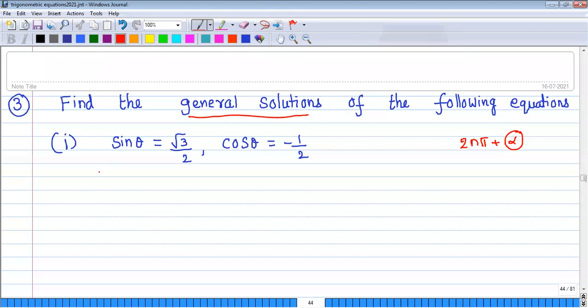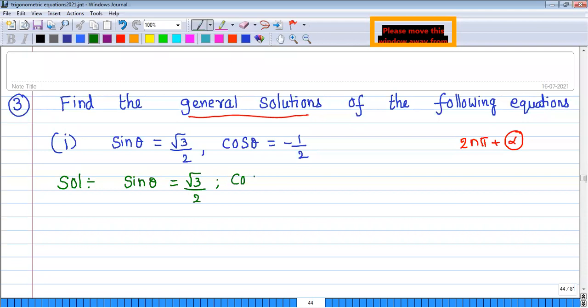So let us find out the common solution of these two. First of all, write down solution. Given sin theta is equal to root 3 by 2, cos theta equals to minus 1 upon 2. First you check what is the sign of sin theta.